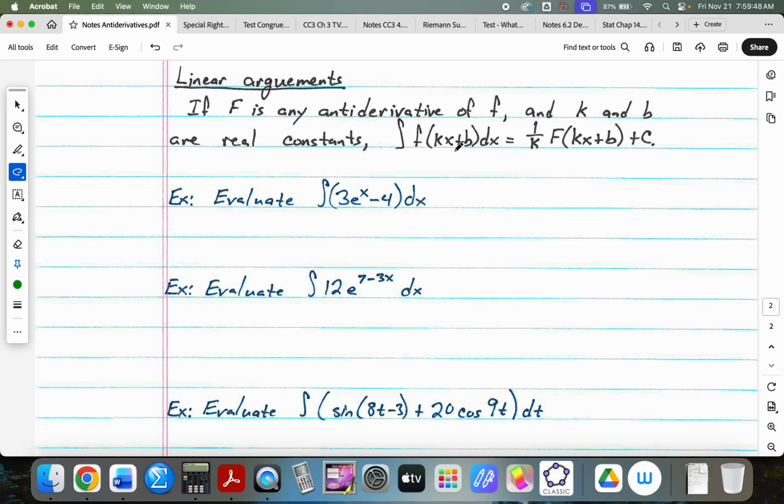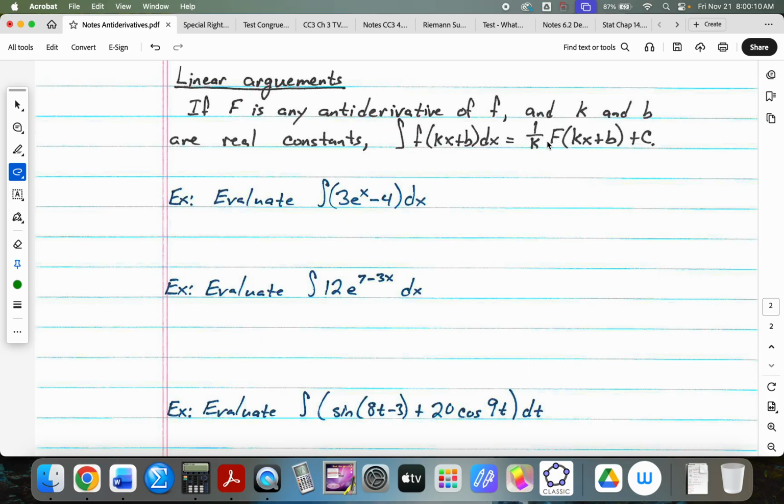I don't know why we used k, we could have used m, right? It's a line. When you take the antiderivative of that, you do the antiderivative as normal, but you multiply by 1 over k.